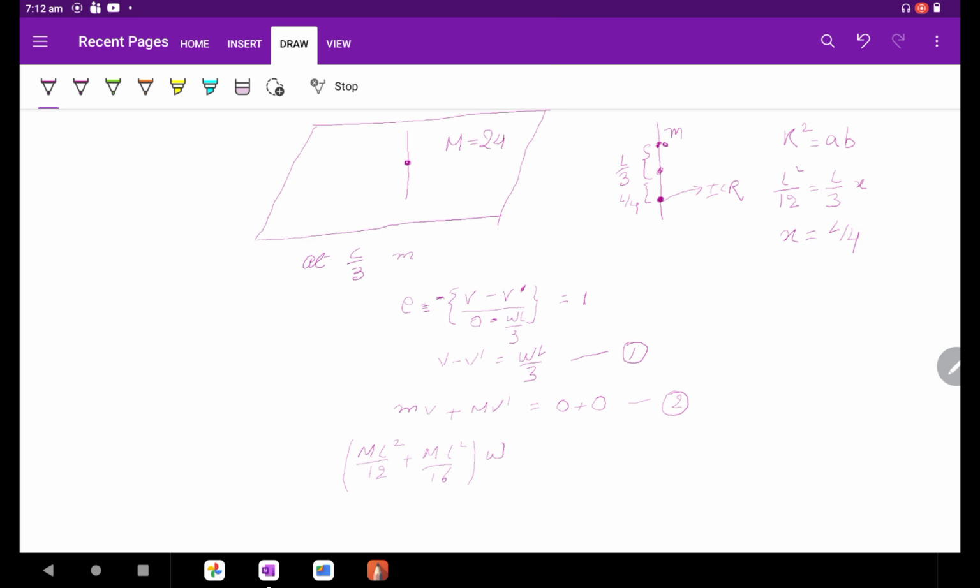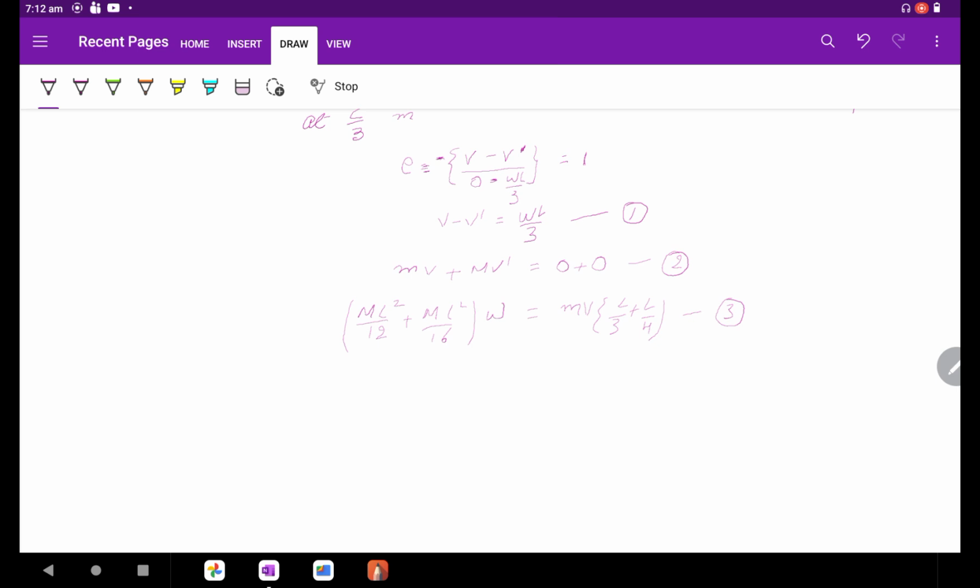The mass wasn't moving, so it will not have any angular momentum about the ICR. Post collision, the mass starts moving, the rod ceases to rotate, so omega is 0, the mass starts moving with v, so mv, and the distance is L by 3 plus L by 4.